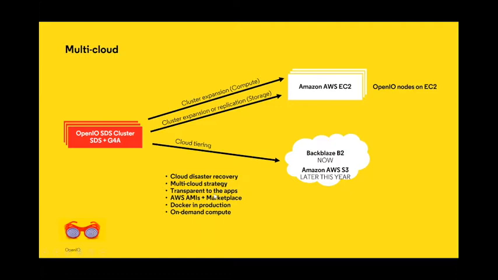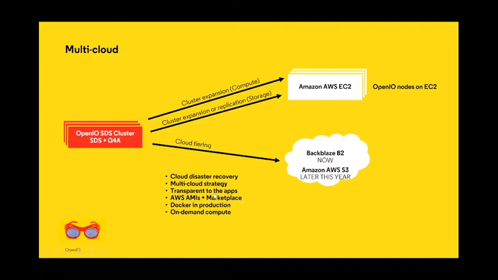And we will also have Docker supported in production. Another important thing is that we will be able to expand the cluster also from the Grid for Apps point of view. So you will be able to have Grid for Apps instances. It's a corner case, of course, but you will be able to expand the cluster also on the Grid for Apps applications.